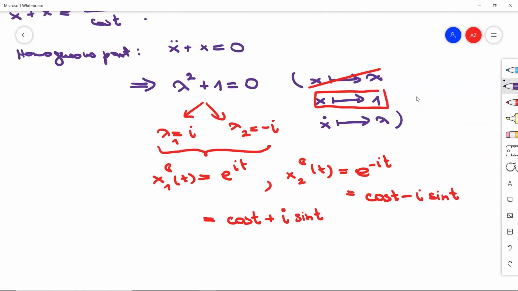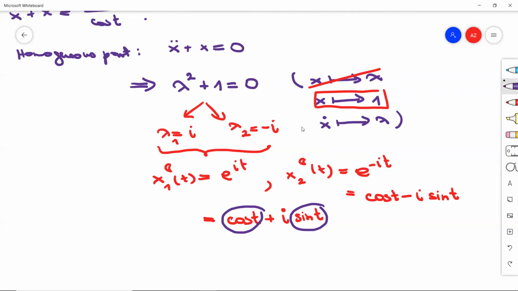And we saw that we can just take the real part and the imaginary part of this solution, because summing them together gives us cosine, and subtracting and dividing by 2i gives us sine.